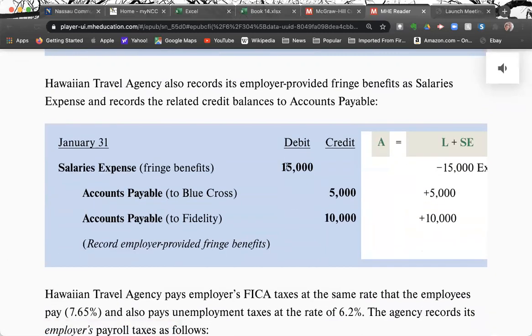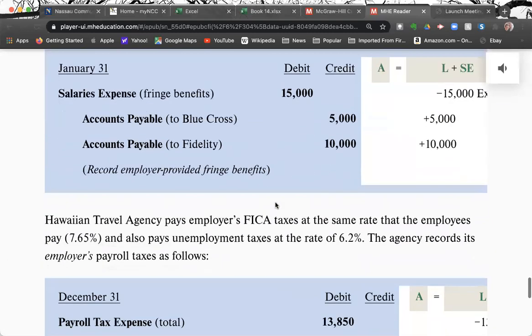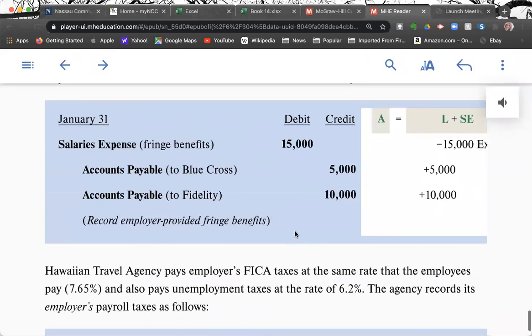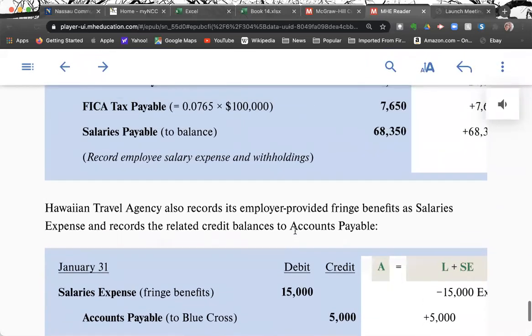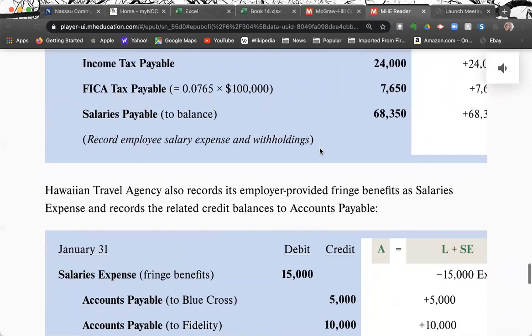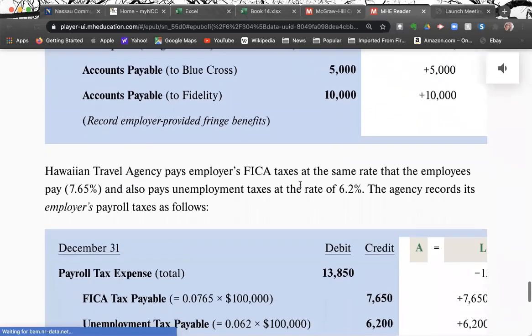I have to give them fringe benefits of 15. That's 115. And then I have these extra costs here, which is almost another 15, right? So how much do these employees really cost me? They cost me close to $130,000, not just the 100,000 in salary. That's all you care about, but if you're the boss, you're concerned about all of these things.